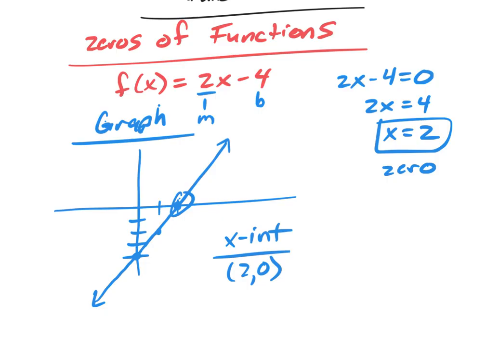And not that we're going to do it with a lot of different functions, but probably the other one we're going to see it a lot with, and we'll get more in depth with it later on in the semester. But today, if I was to give you a quadratic function, later on in the semester we'll talk about all the different ways that we could find the 0 of this function, but for right now, the best and quickest way is to just graph it.